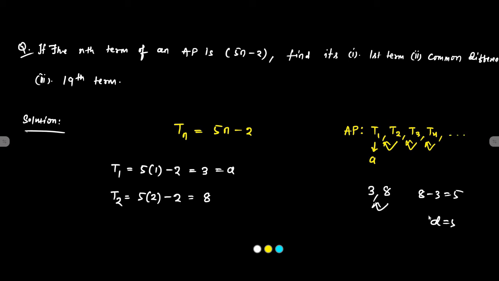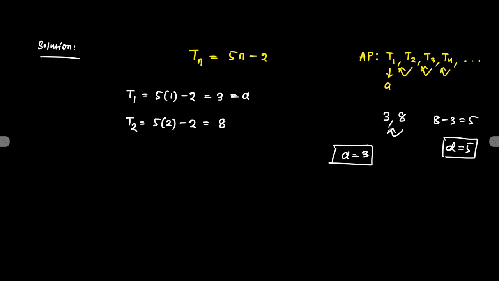The common difference is equal to 5, and the first term is equal to 3. Then for the 19th term, you can go two ways.